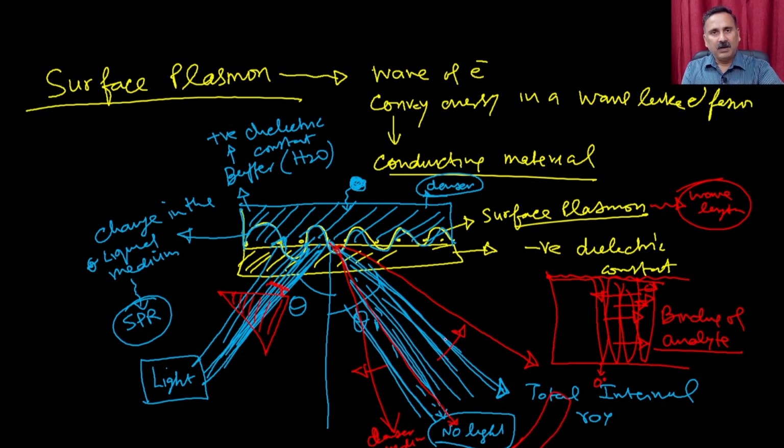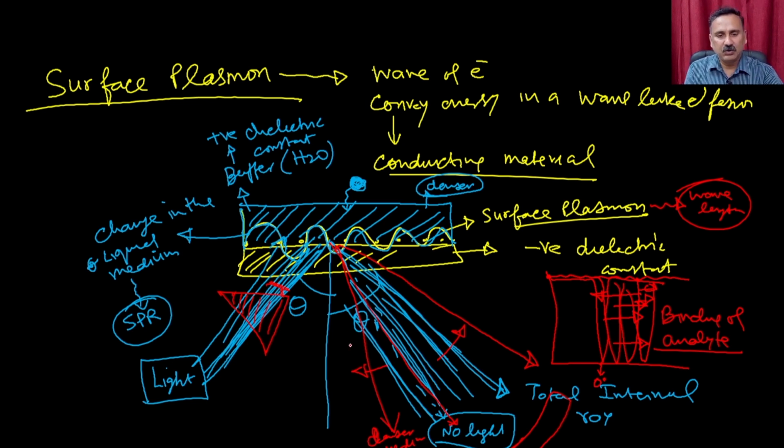And at a particular angle, the wavelength of this light is going to match the wavelength of the surface plasmons, and that's how it is going to show you a complete absorption.